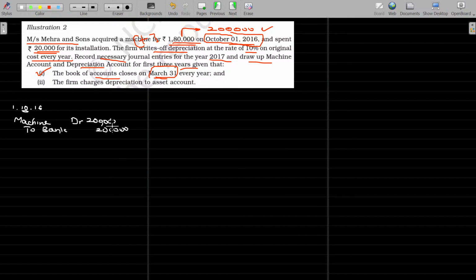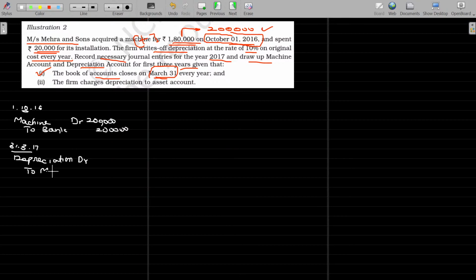Next one will be depreciation, to be calculated only by the year end. Financial year ends on 31st March 17. Depreciation account debit to machine account.